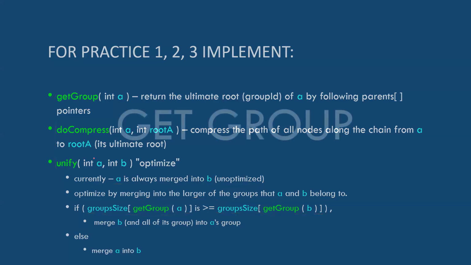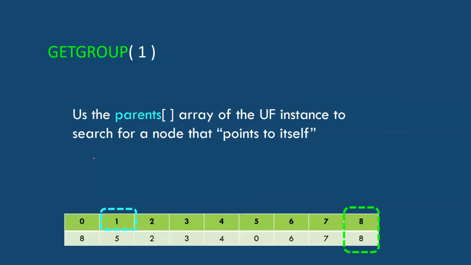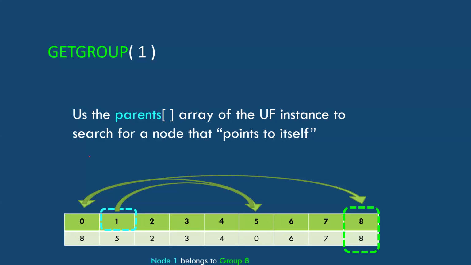All right, so get group, pretty straightforward, right? We just have to cycle through with a while loop. So it's kind of like following a linked pointer list, but we're going to be using an integer array instead of pointers. So the code should seem somewhat familiar to you.